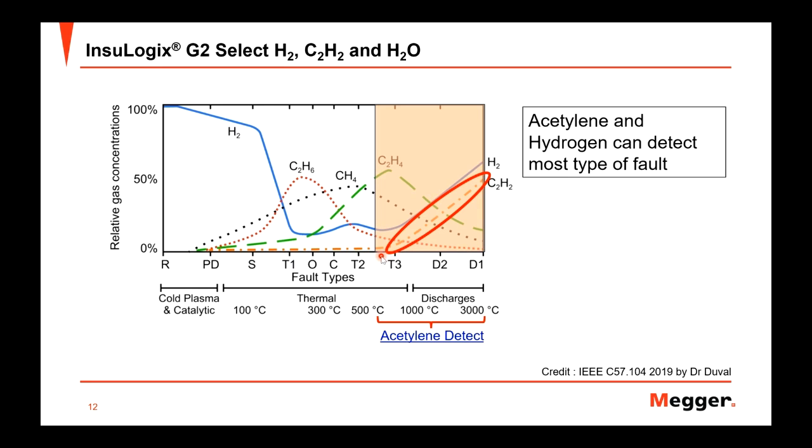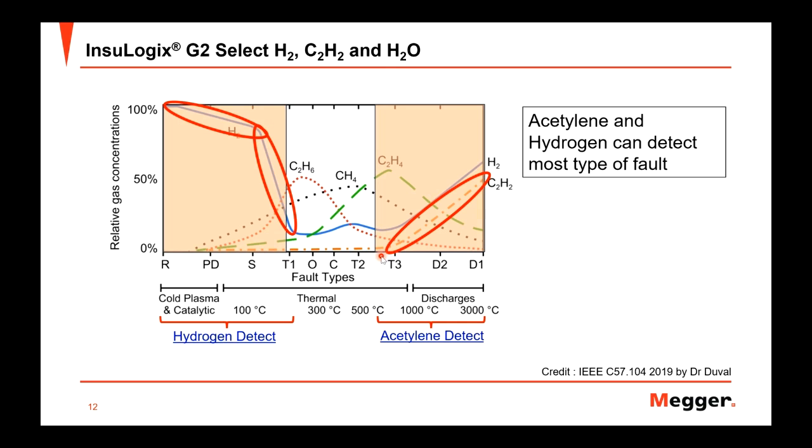So you will find the arcing or any high energy discharge inside your transformer that can lead to huge damage or severe damage of your transformer. So if there is a changing of the acetylene inside your transformer, that means you have to plan to shut down or really investigate inside your transformer. You don't have much time left to operate your transformer.